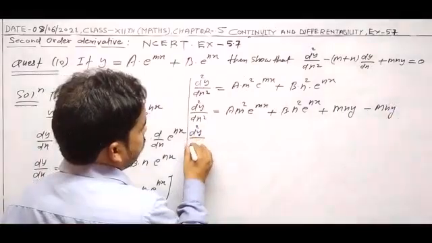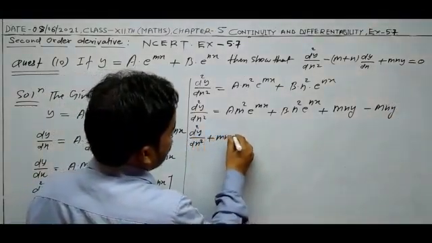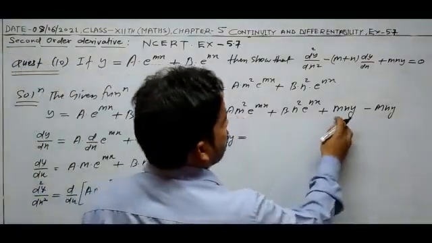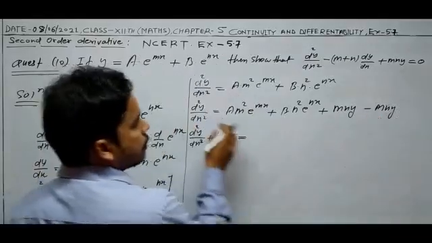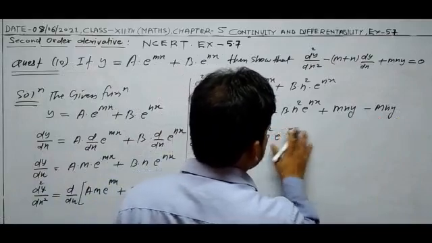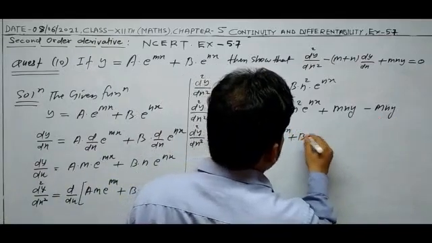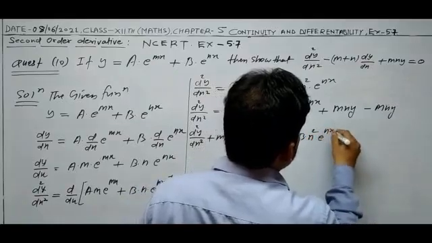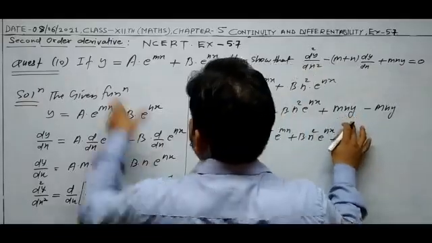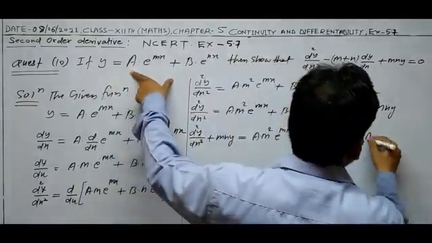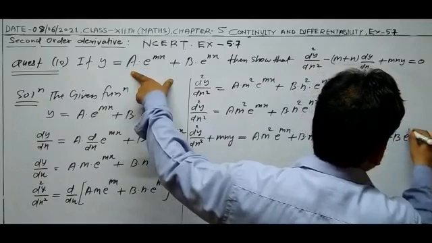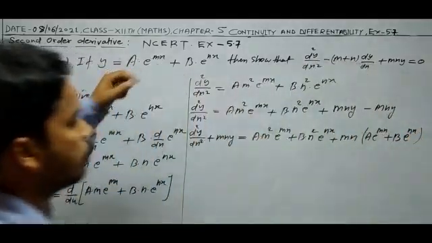The result will be d2y by dx2 plus mny is equal to a times m square e to the power mx plus b times n square e to the power nx plus mny, and the value of y you know is a times e to the power mx plus b times e to the power nx. This is the value of y we have put here.